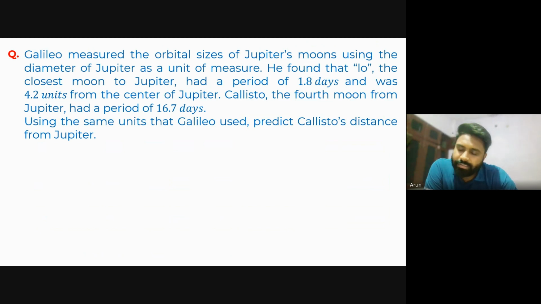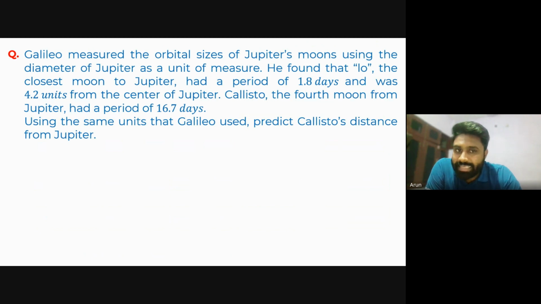So in this question we have only Jupiter at the center of the elliptical path of its moon. We have taken Jupiter and its moon only. Now Callisto, the fourth moon from Jupiter, has a period of 16.7 days.